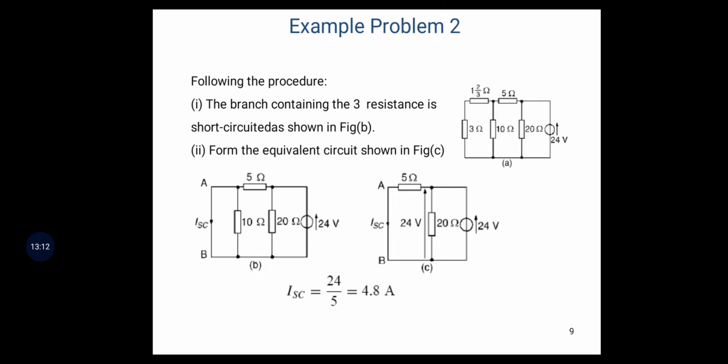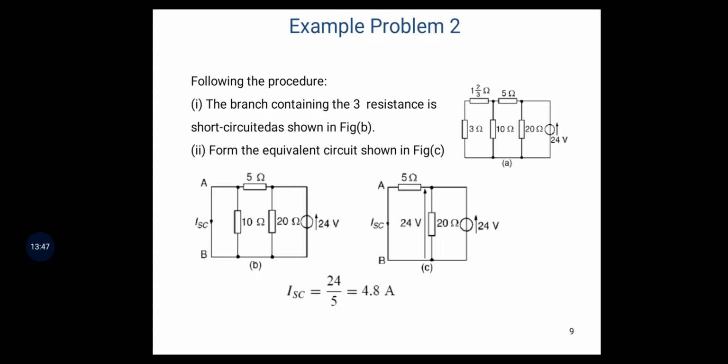Then ISC flows across the 5 ohm resistor. So across 5 ohms we find the current, that is equivalent to the short circuit current ISC. So ISC equals, by the current dividing rule, 24 into 20 divided by 20 plus 5. Here we apply the voltage dividing rule.